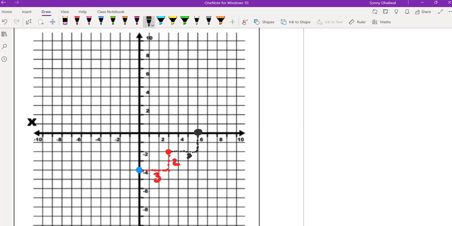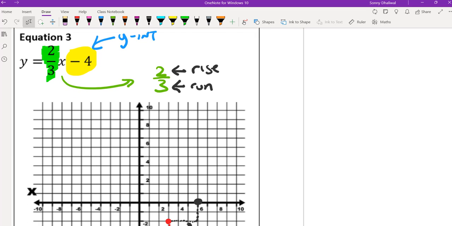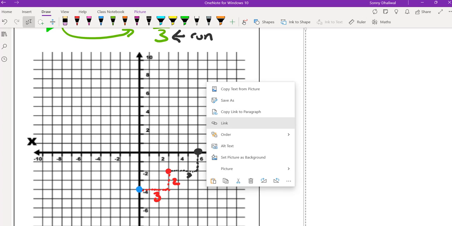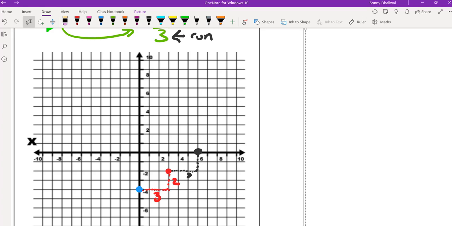Now, this isn't the beginning of the line. This is just a point on the line. So our line goes on forever, right through these points. Right? So we grab our ruler, and I draw a line right through all of these points.